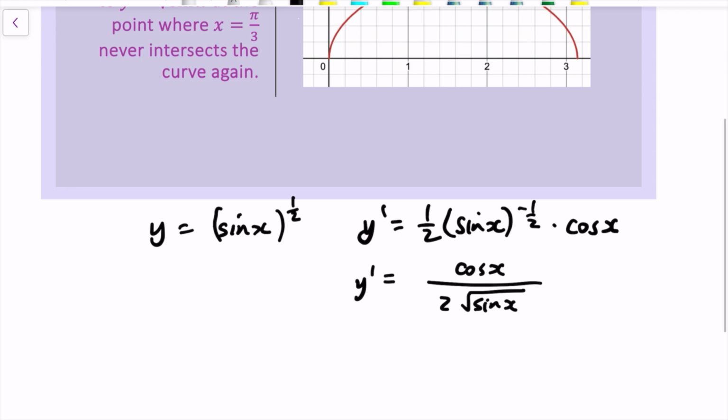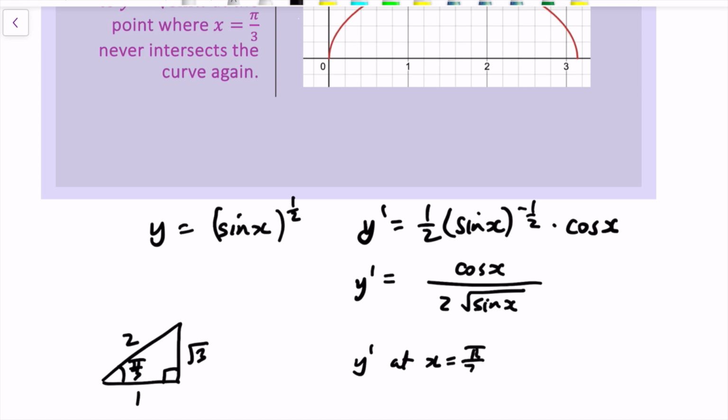Alrighty, cosine of pi over 3, draw our special triangle. Pi over 3, not to scale because pi over 3 is actually 60 degrees. But that side there is root 3, that side there is 1, and that's 2. It's half an equilateral triangle. So y dash at x equals pi over 3. Cosine of pi over 3 is a half. And we're dividing by 2 lots of square root sine x.